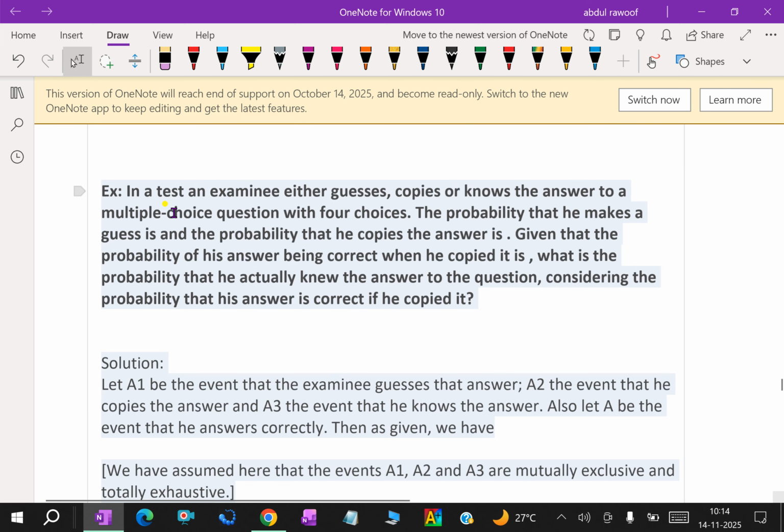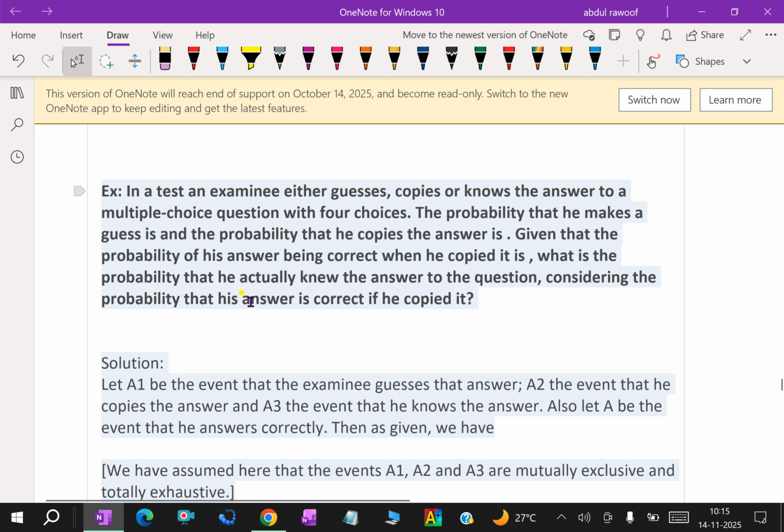Look at this question. In a test, an examinee either guesses, copies or knows the answer. Three possibilities: guessing, copying, or knowing the answer to a multiple choice question with four choices. The probability that he makes a guess is given, and the probability that he copies an answer is given, and the probability of his answer being correct when he copied it is given.